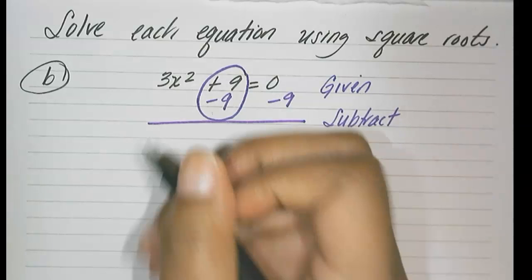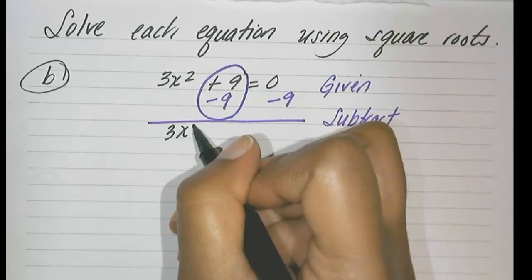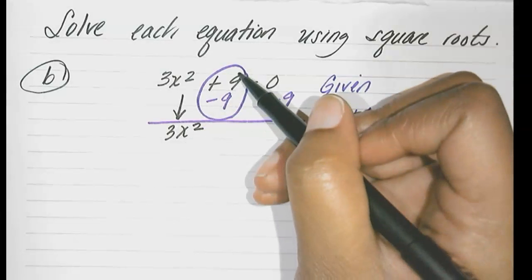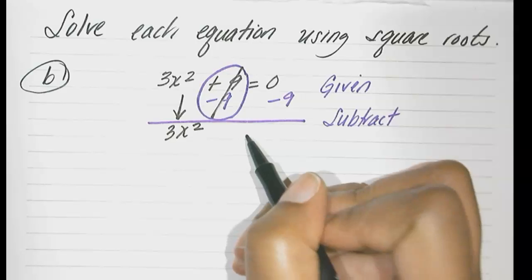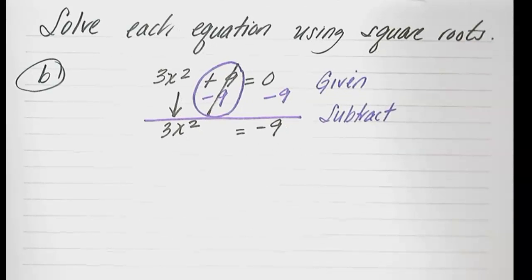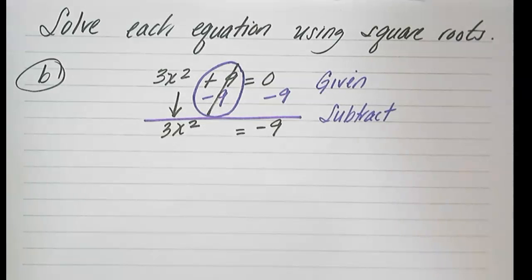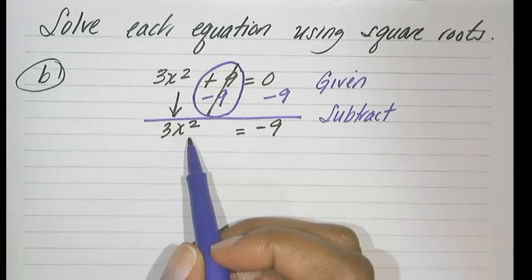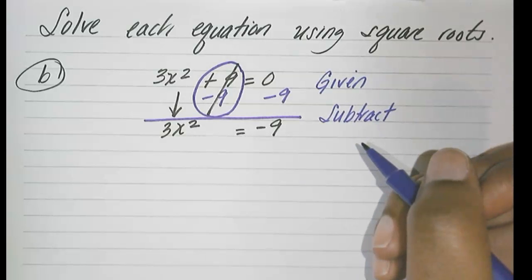That will leave us with 3x squared. We didn't do anything with it, so we bring it down. 9 minus 9, 0, and that equals a negative 9. Now we are still solving for x. This is 3x squared, but it's understood to be 3 times x times x.